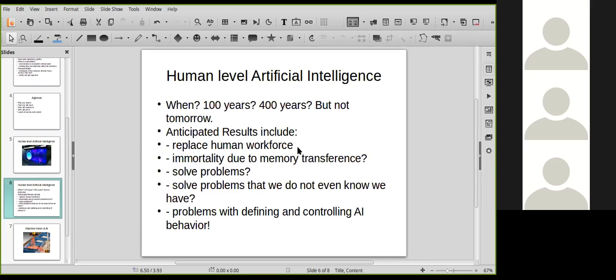And an interesting thing, if you've been watching Star Trek and that sort of thing, is human level artificial intelligence actually has an opportunity. Memory transference, people could actually become immortal. Wow, pretty interesting if we were to think about that. And it can solve problems that we may not even know that we have. So the biggest problem is defining and controlling that artificial intelligence.